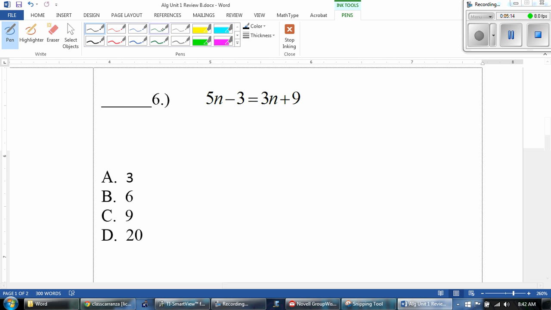All right, so this is the first time we've seen this, that we've got a variable on both sides. Okay, so which one's smaller? Yeah, the 3. It's a positive 3, so I'm going to subtract 3 from both sides. Remember, we move the variable to one side before we start moving the numbers.